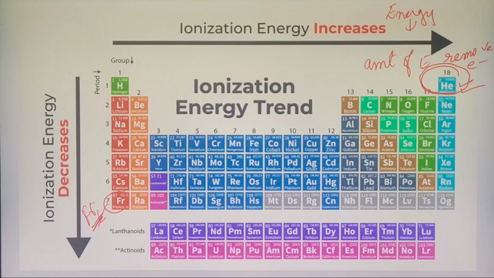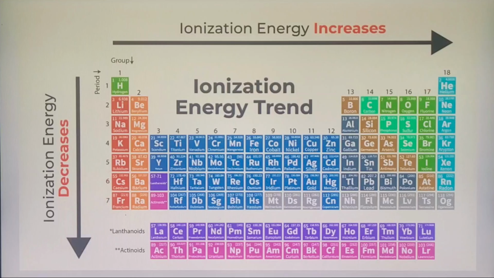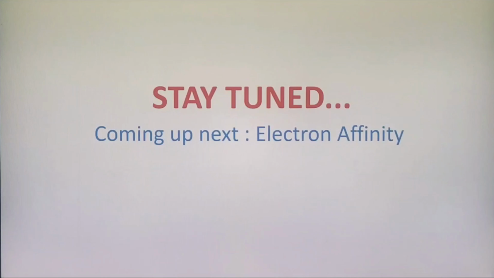Okay, francium is a very, very big atom with a large number of shells. So with a very, very small amount of energy, I can remove an electron. So for francium, the ionization energy is the least. So maximum energy has to be given for helium and the least energy for francium. I hope this trend is clear to you.